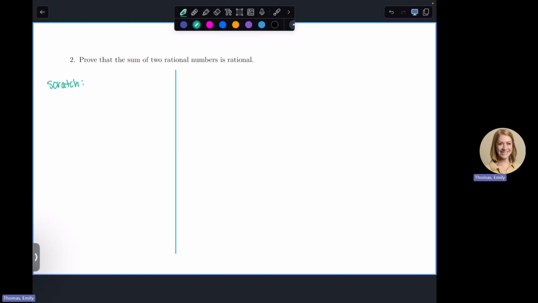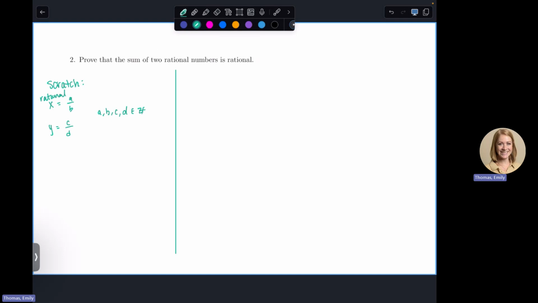Okay. So somebody be in charge of the scratch work here. What do we get to assume? Assume x and y are rational. So what does that mean? We can call these a, b, c, d, where a, b, c, and d are all integers.